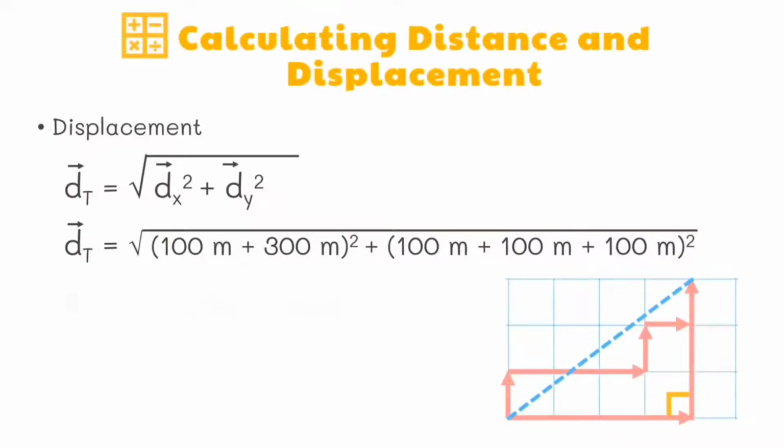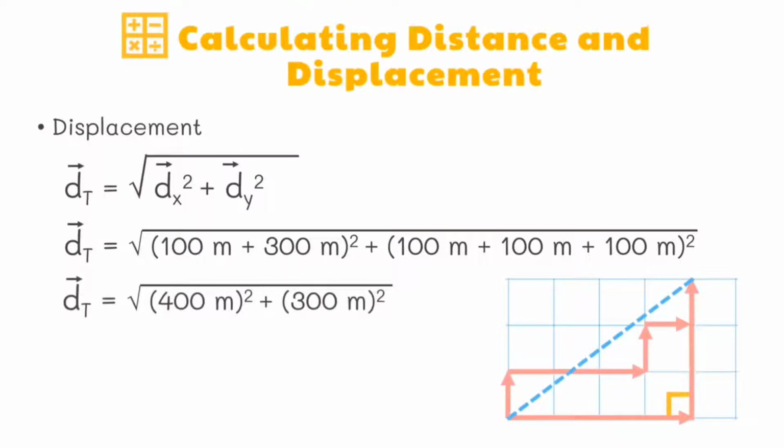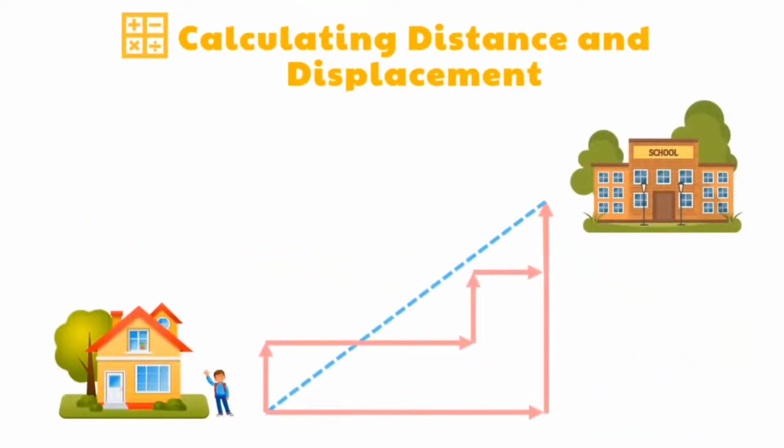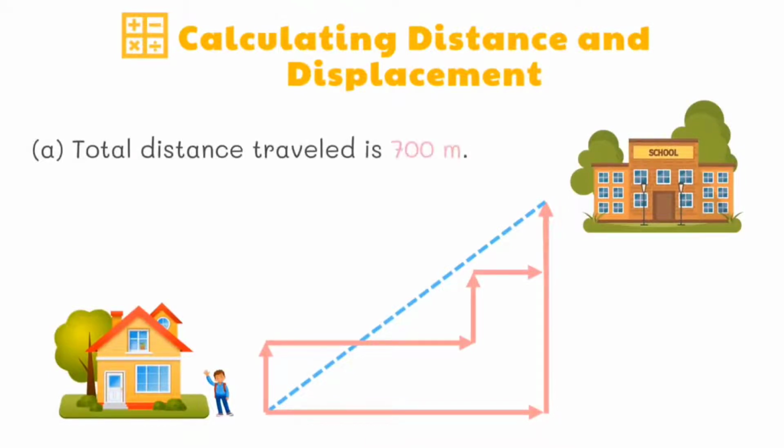So the total displacement on the x-axis is 400 meters squared and 300 meters squared on the y-axis. Let's get the total displacement by getting its square root. So 250,000 meters squared, its square root is 500 meters. So the total displacement we got is 500 meters. So Mike traveled a total distance of 700 meters and was displaced a total of 500 meters on his way to school.